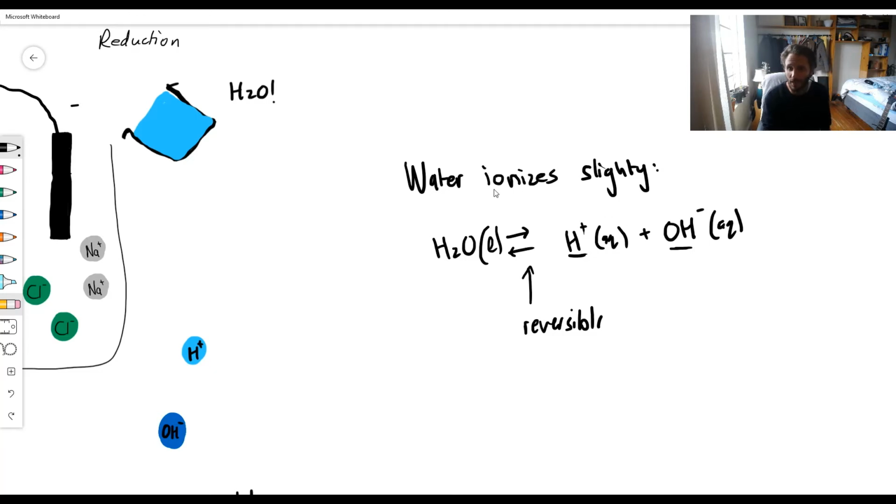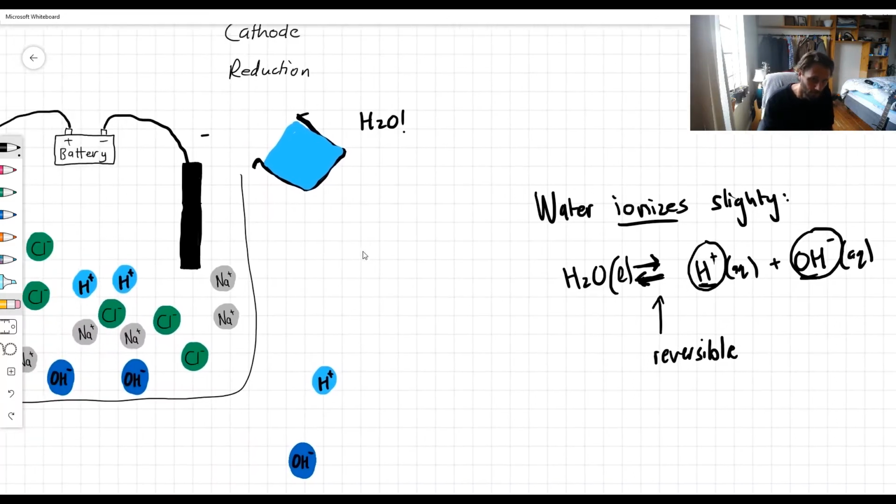That's what ionizes means. And this is a reversible reaction, because H plus and OH minus are ions that have opposite charges. So they're going to be attracted to each other and form water. Then water is going to ionize back into ions, and this is going to be happening the whole time.